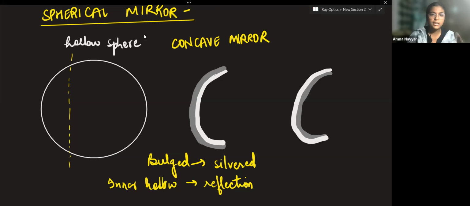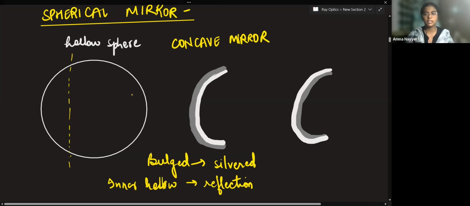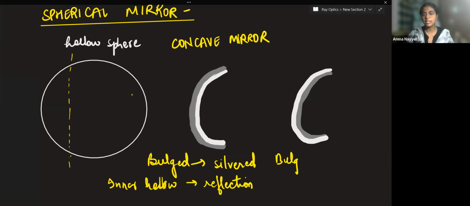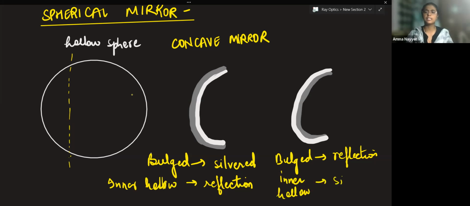Any ray of light that will come will fall on this and get reflected. The bulged part now acts as the surface for reflection, and the inner hollow part has been silvered. Silvered, you can say polished. So this type of mirror is known as a convex mirror.